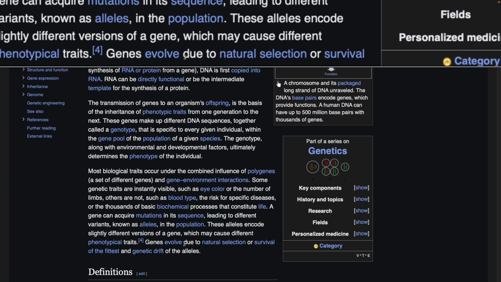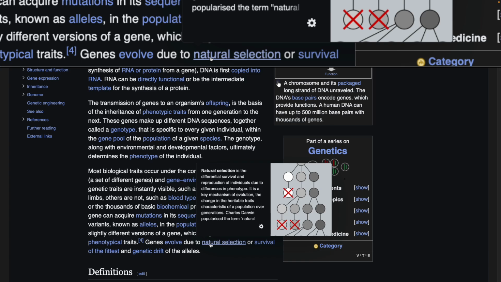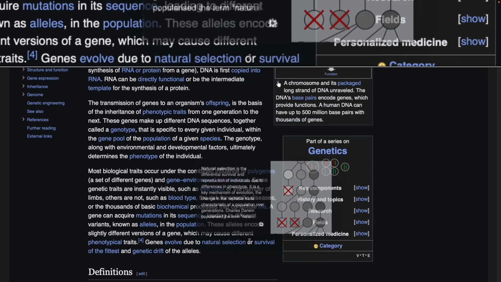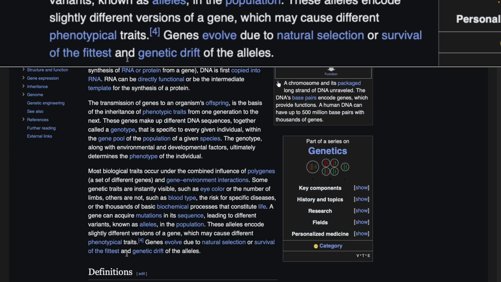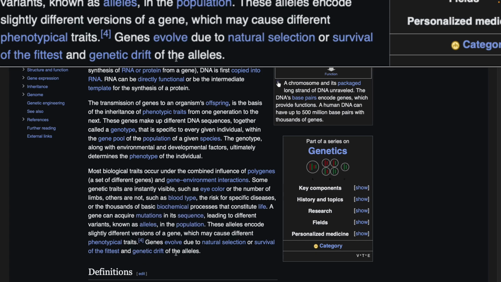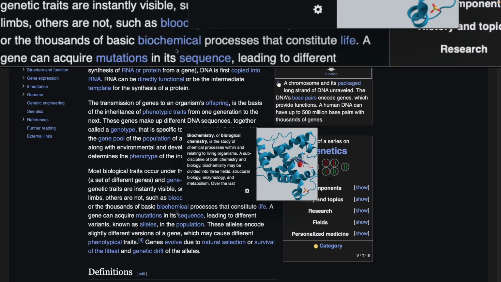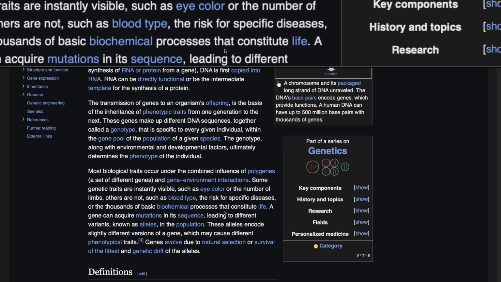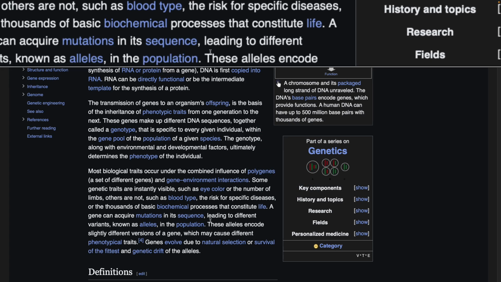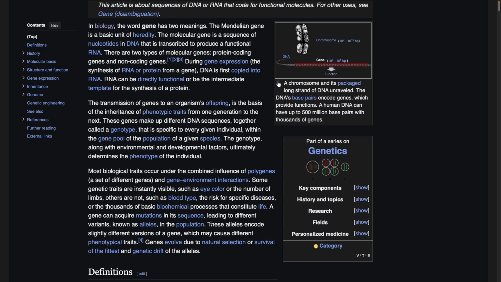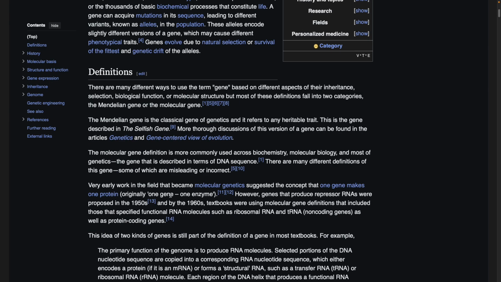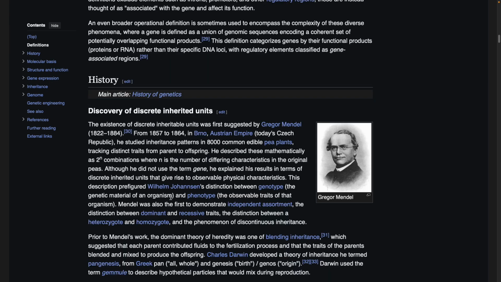Genes evolve due to natural selection, or survival of the fittest, and genetic drift of alleles. Okay, a lot to unpack here. Almost every other word here is its own Wikipedia page. Let's scroll through and see if there are any cool pictures that stand out.